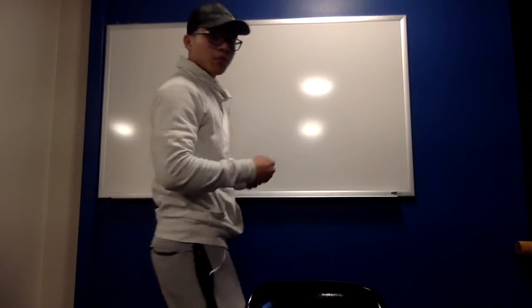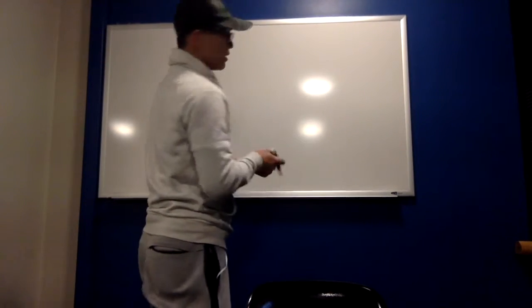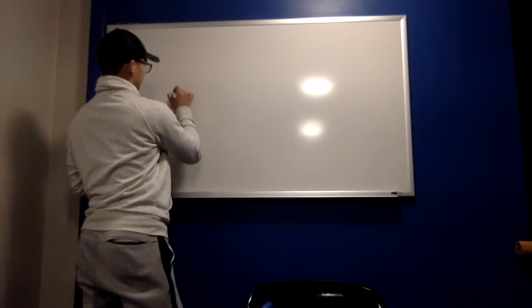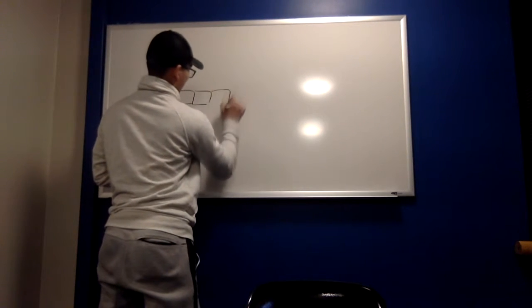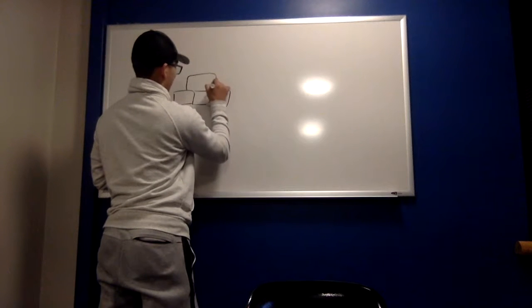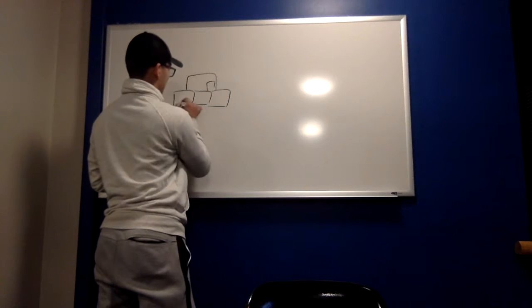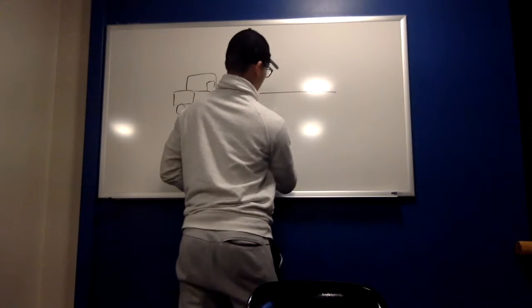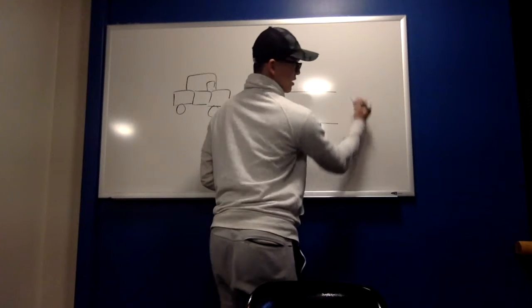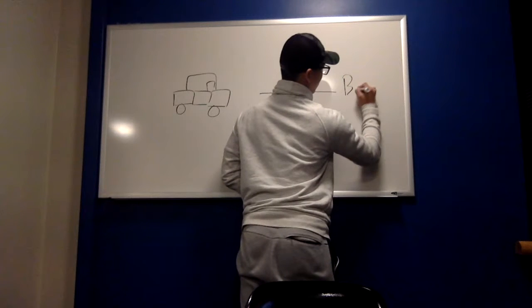Alright, so an example for firewalls is like a car going to a road. Let's say this area is Beverly Hills.